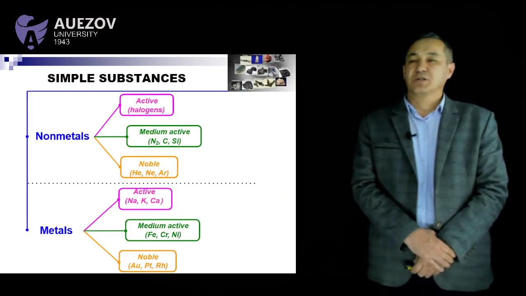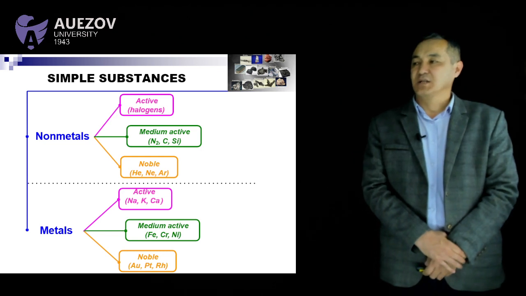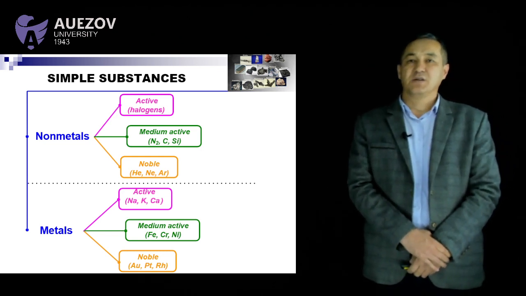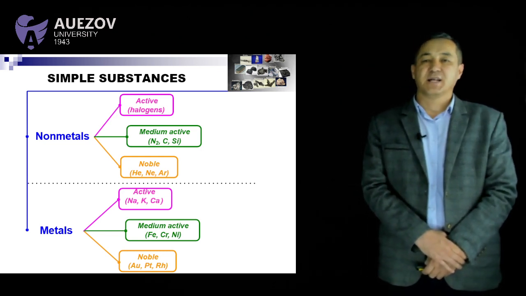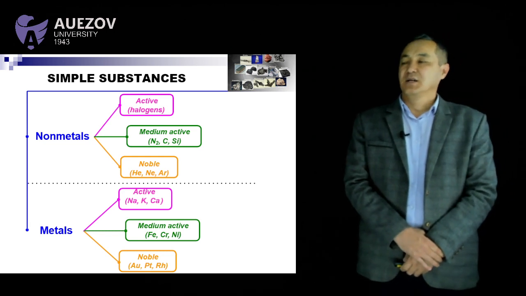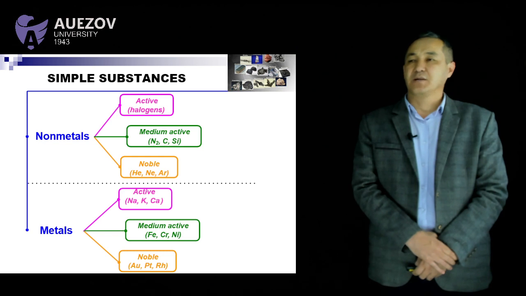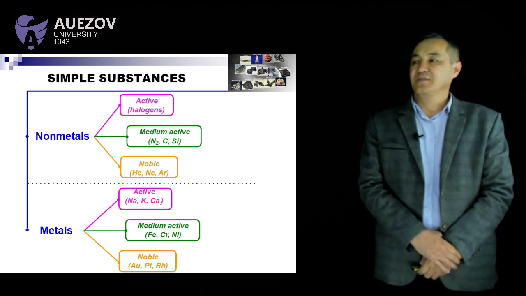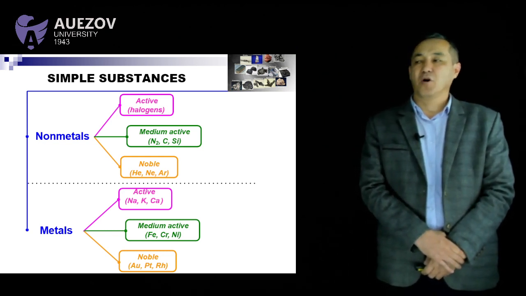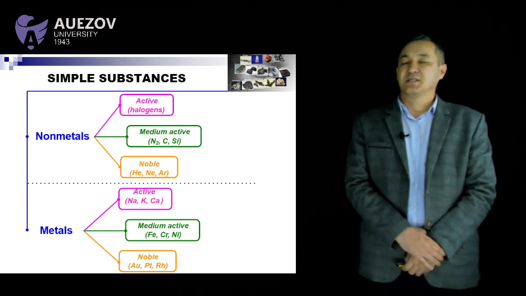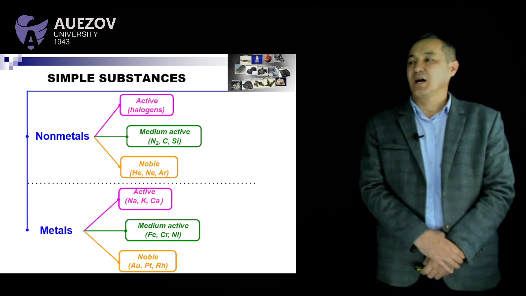Simple substances. What are simple substances? Simple substances divide into non-metals and metals. Non-metals can be active, medium active, and noble elements. Active elements are halogens.